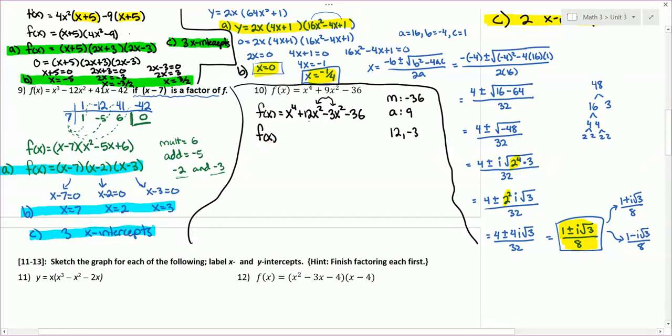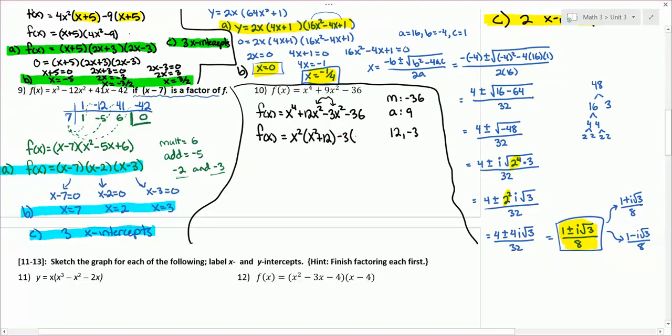The left half, the x to the 4th and the 12x squared, have x squared in common. So factor out x squared, and we're left with x squared plus 12. The right side, the negative 3x squared and the minus 36, are both divisible by negative 3.